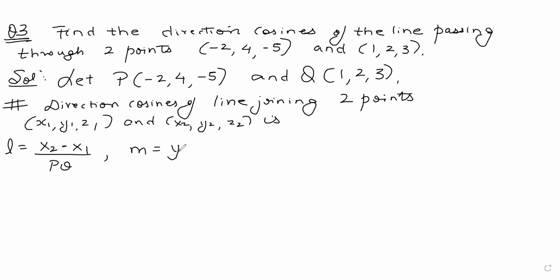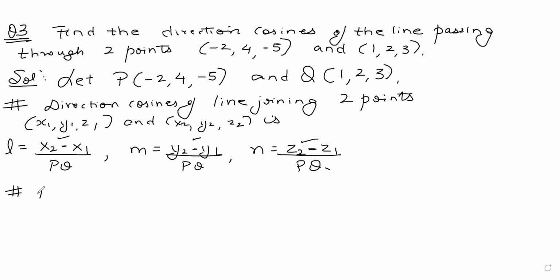M is y2 minus y1 by PQ. N is equal to z2 minus z1 by PQ. This is what we had learned in the lecture today, that the direction cosines of a line joining 2 points are given by L, M and N, which is x2 minus x1 by PQ, y2 minus y1 by PQ, and z2 minus z1 by PQ respectively.